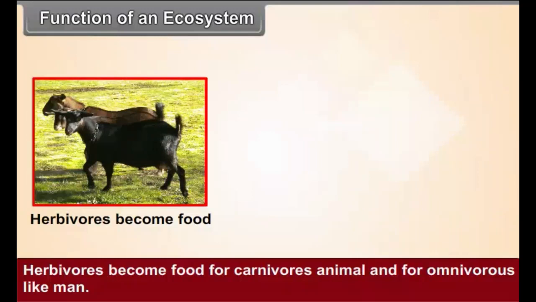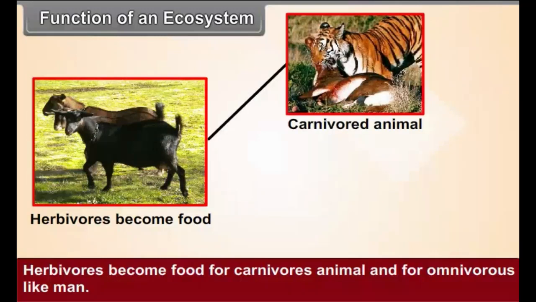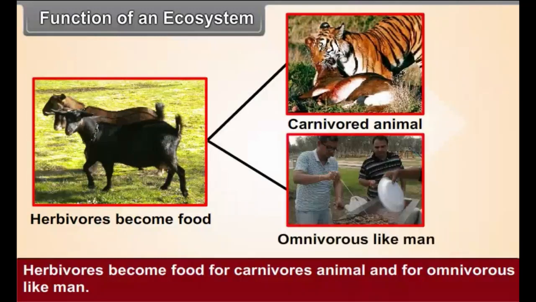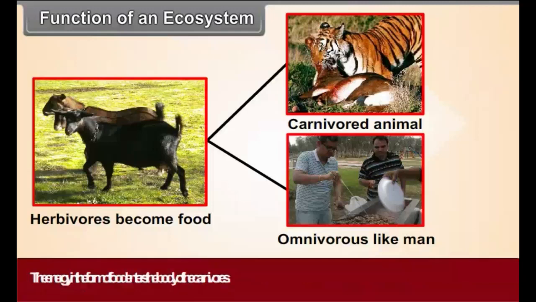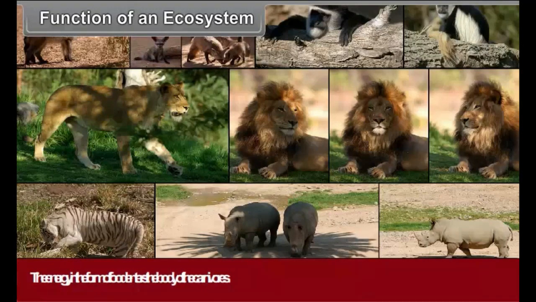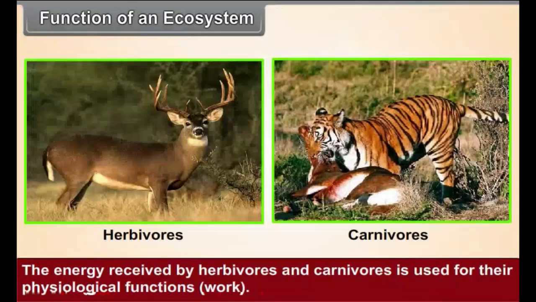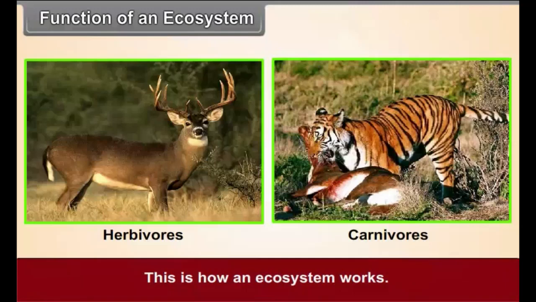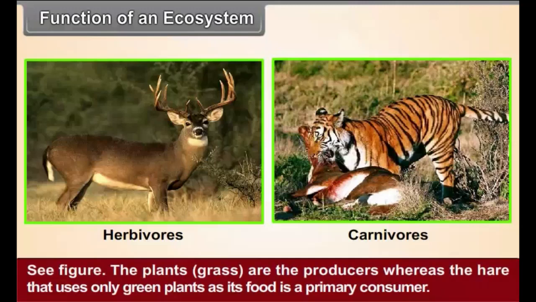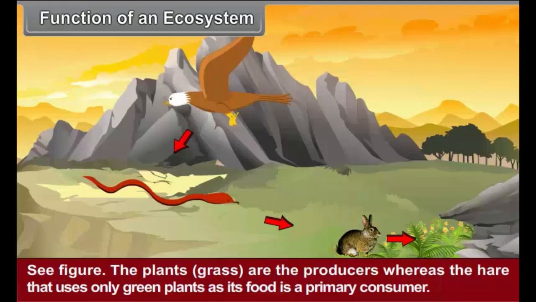Herbivores become food for carnivorous animals and for omnivores like man. The energy in the form of food enters the body of the carnivores. The energy received by herbivores and carnivores is used for their physiological functions, that is, work. This is how an ecosystem works. See figure 11.2.